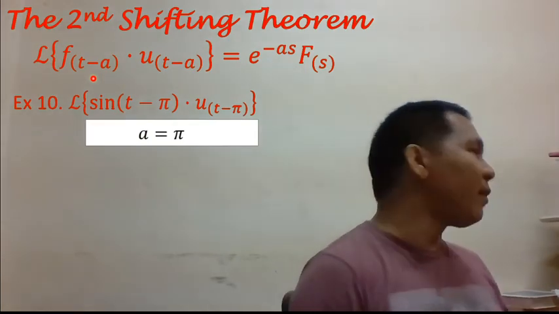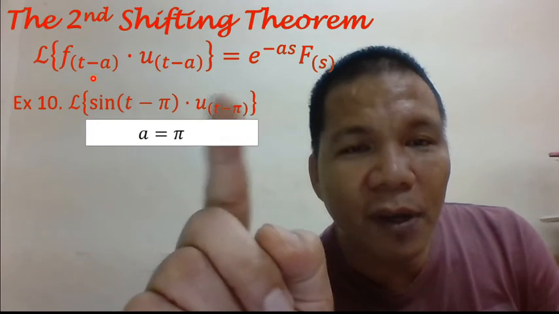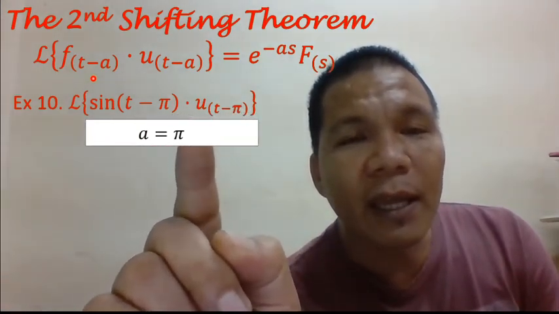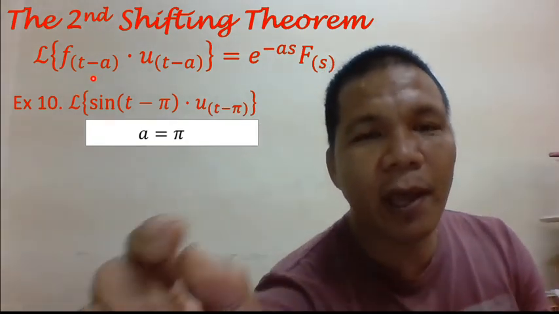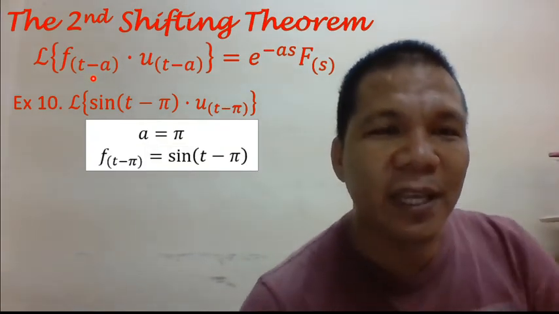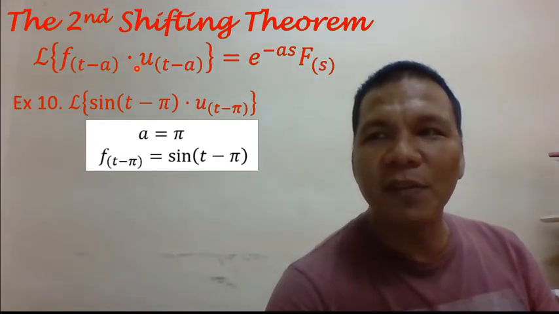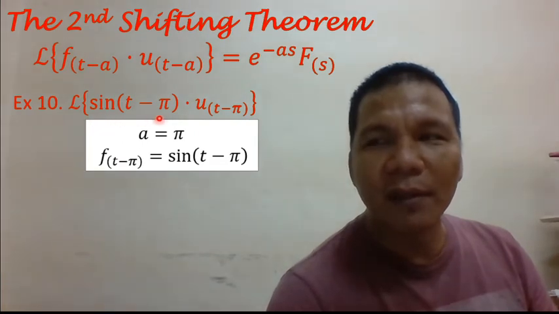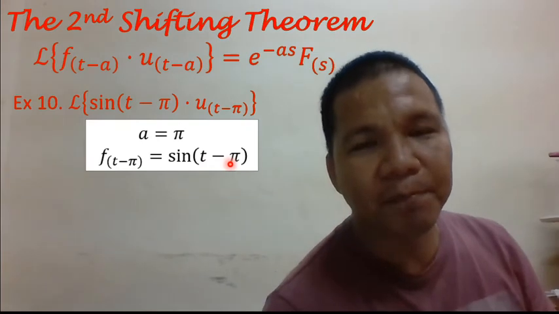So let's try. Let's start by identifying a first. In this case, based on the given Laplace transform, a by inspection is equal to pi, right? Since a equals pi, your function of t minus pi is equivalent to sine t minus pi.